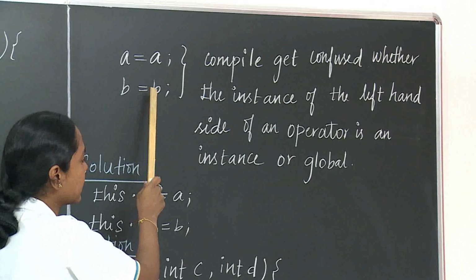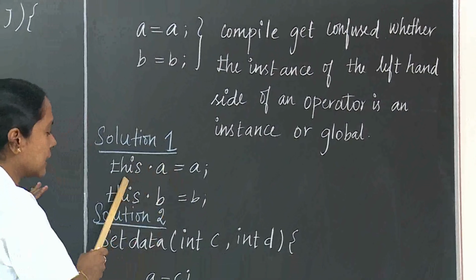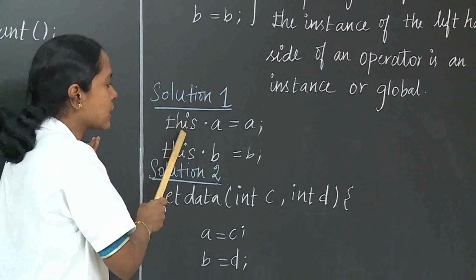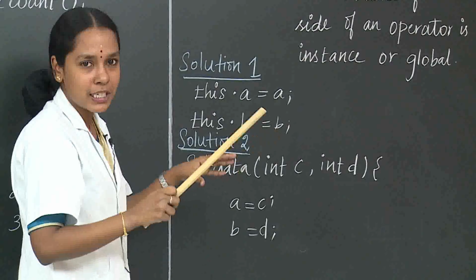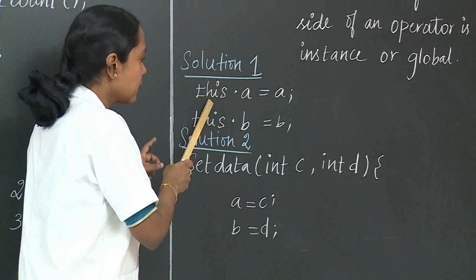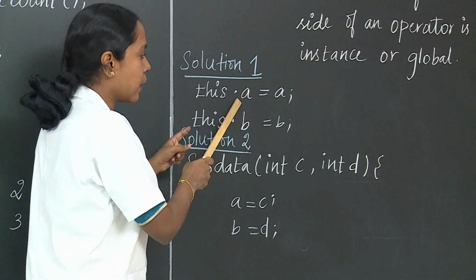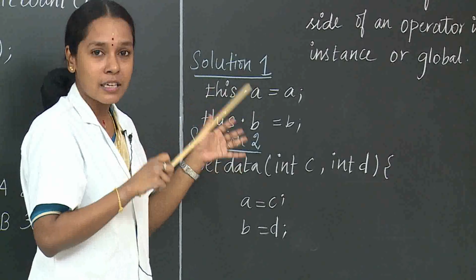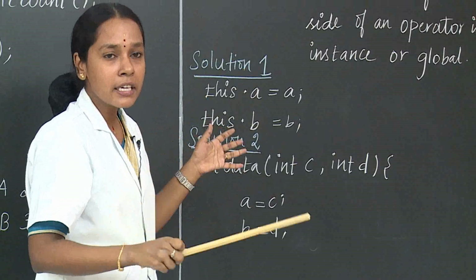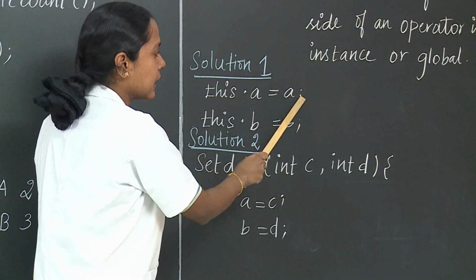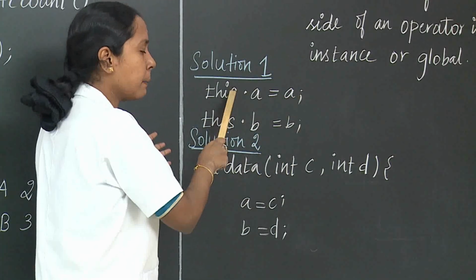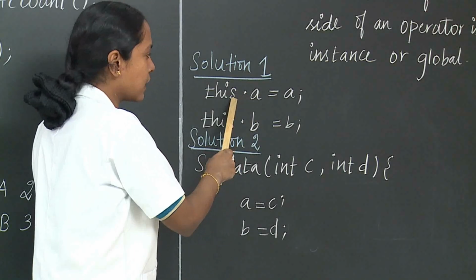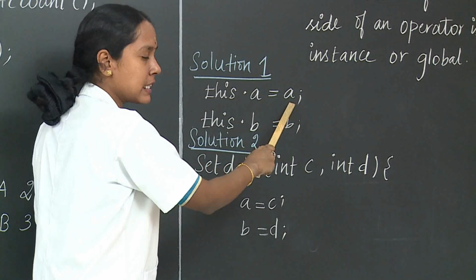For that purpose, the solution is the this keyword. So this refers to the current object's class, that is this dot A, which means it refers to the current class's A, and then the method's value A is allocated to it. So this one is the instance variable and this one is the global one.